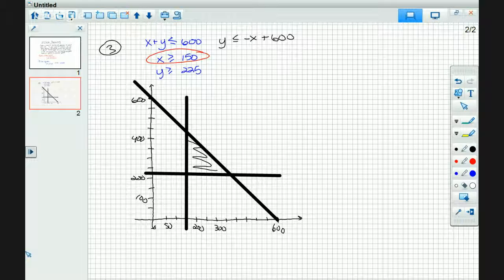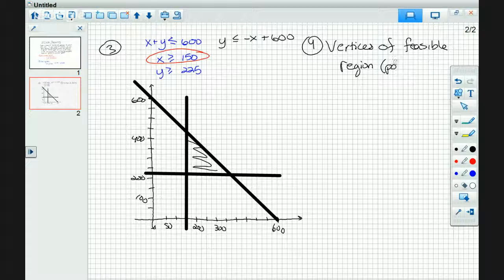Now, the vertices. You've heard this vocab, right? Feasible region. So we're looking at those 3 edges. What are they?